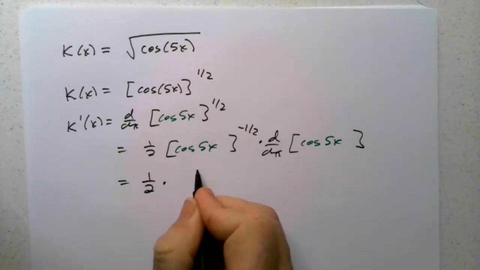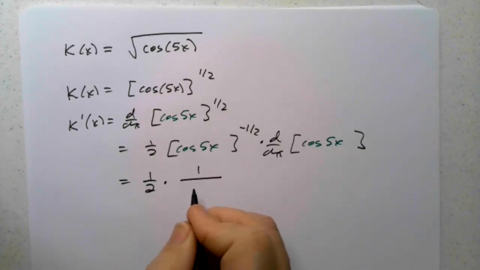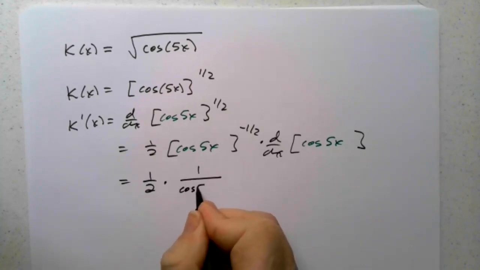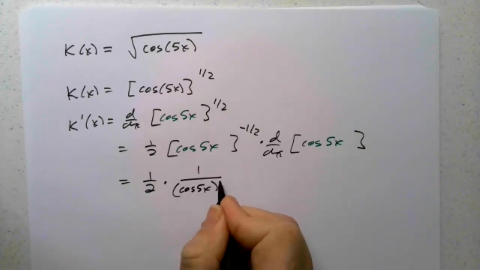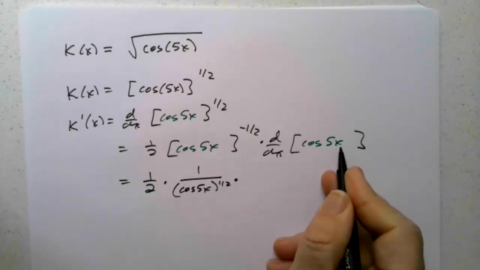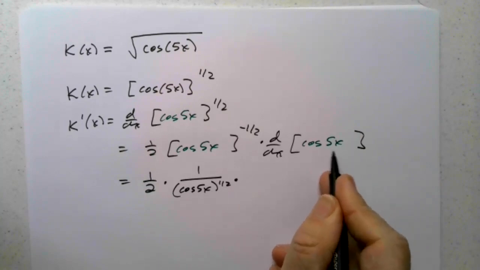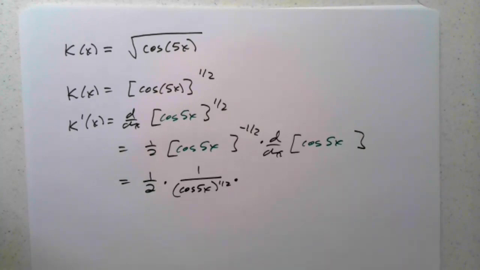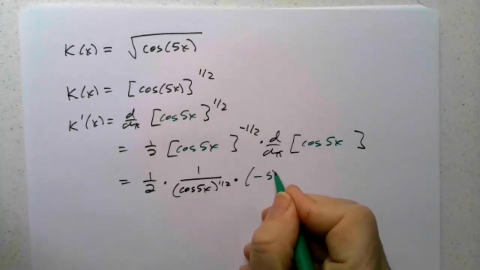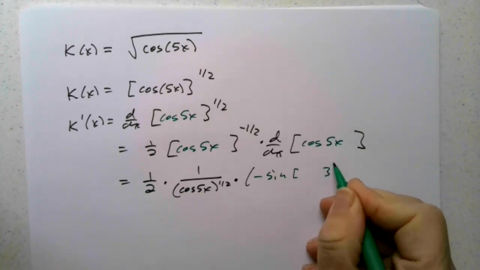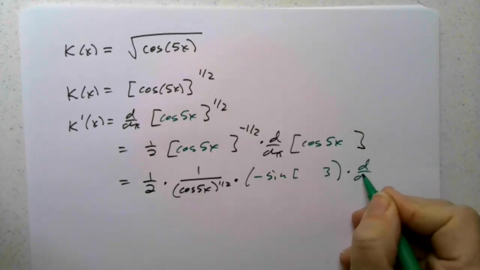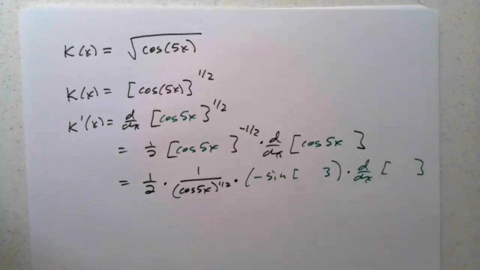So this is 1/2 times 1 over cos 5x to the 1/2 times the derivative of the cos of something. Derivative of the cos of something would be minus the sine of something times the derivative of the something, but the something this time is 5x.